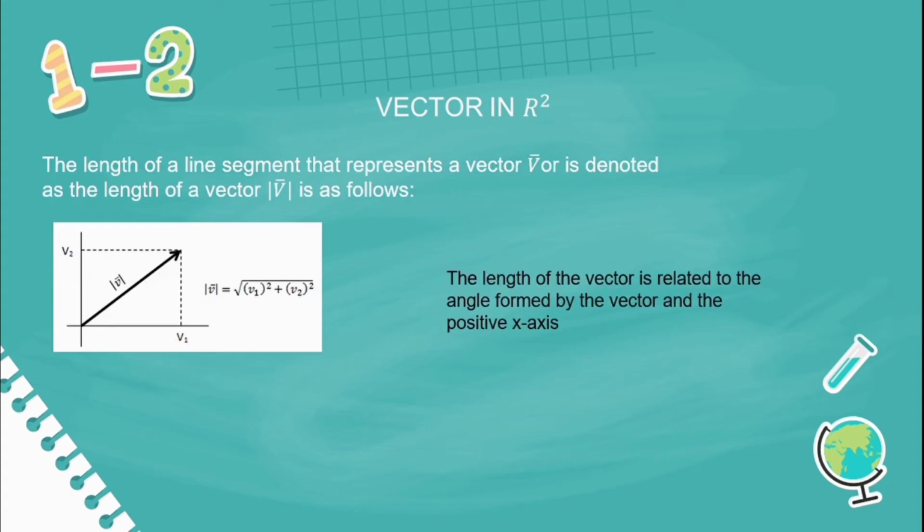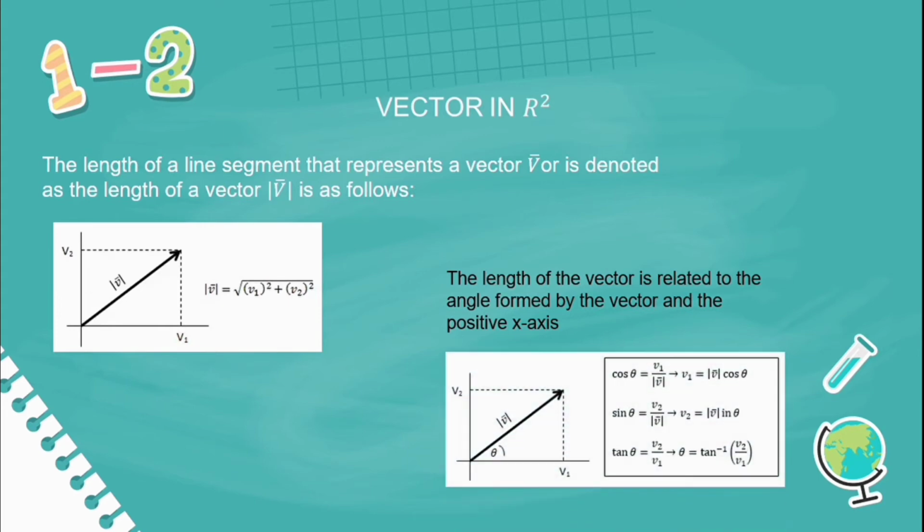The length of the vector is related to the angle formed by the vector and the positive x-axis. Cos theta equals v1 divided by absolute value of v, becomes v1 equals absolute value of v cos theta.